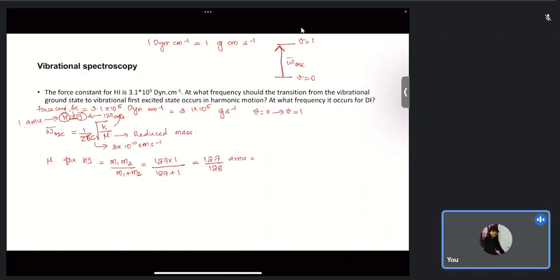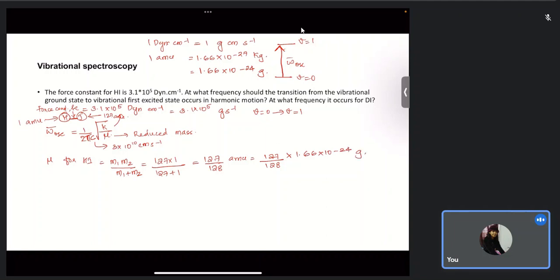We have to convert 1 AMU to kilogram: 1 AMU is equal to 1.66 into 10 to the power minus 27 kilogram. We have the force constant in grams second inverse, so we can convert this into grams, which is 1.66 into 10 to the power minus 24 grams. So mu is 127 divided by 128 into 1.66 into 10 to the power minus 24 grams.